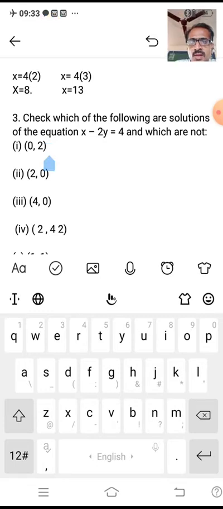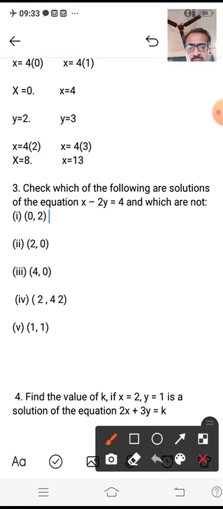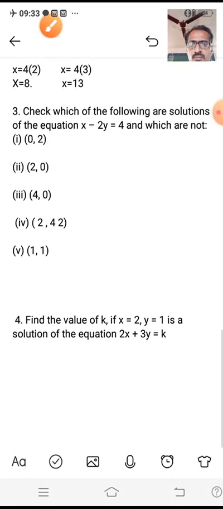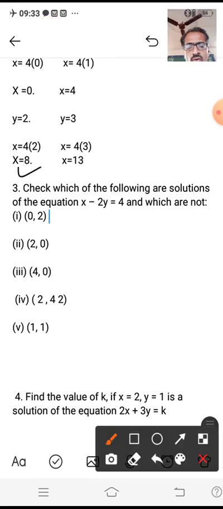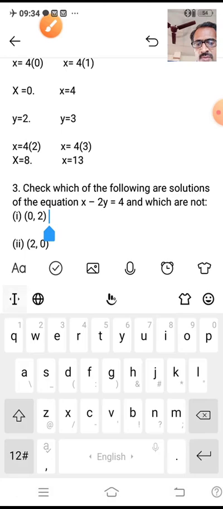Okay, check which of the following are solutions of the equation x minus 2y equal to 4 and which are not. See, it is very easy. Let us solve number first.